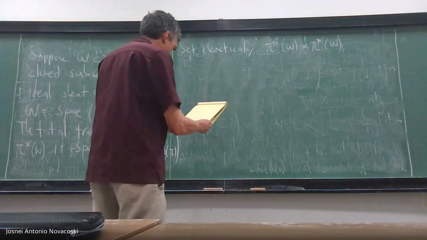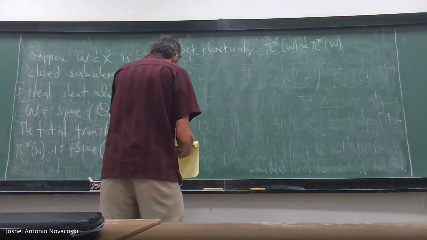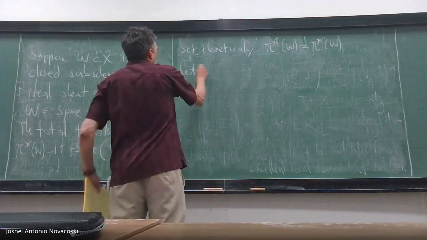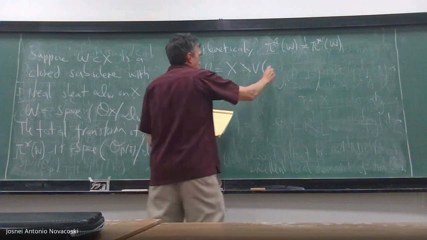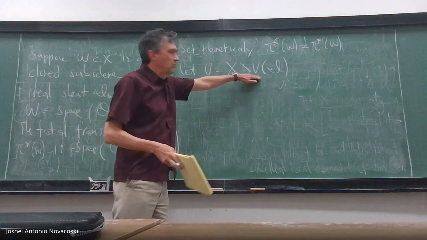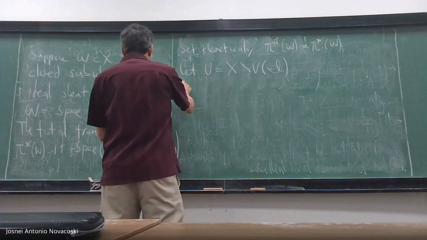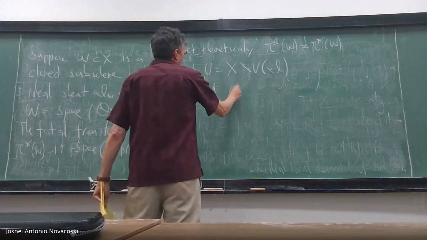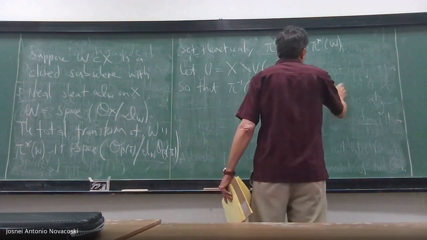Now let U be equal to X minus V of I. This is where the support of I is a closed set, so that if you look at the definition, one has that pi inverse of U to U is an isomorphism.